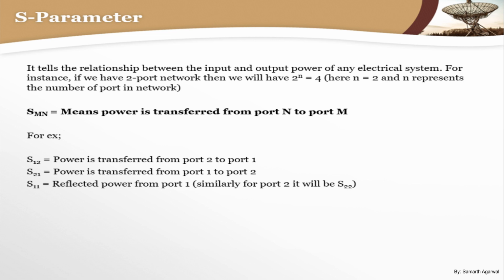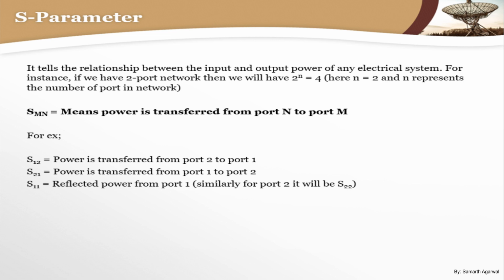S parameter tells the relationship between the input and output ports of power, basically in an electrical system. If we have a two port system, we will have four parameters in the S parameter, which are S11, S12, S21, and S22, in the form of a matrix. Similarly, if we have a three port network, which means three inputs and three outputs, I will be assuming that you have studied some basic subjects in your graduation, like network theory or circuit theory, in which we studied two port networks, three port networks, and multiple port networks as well.